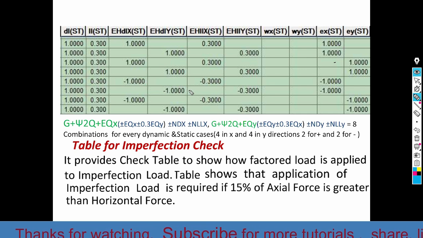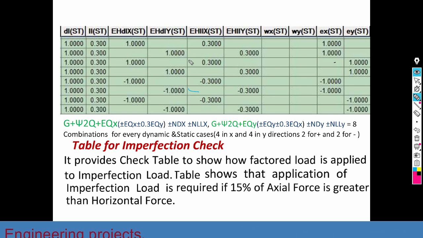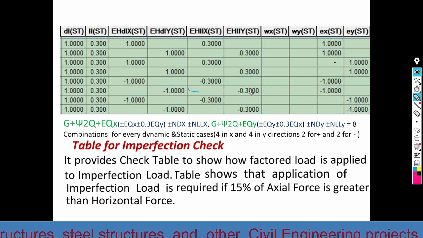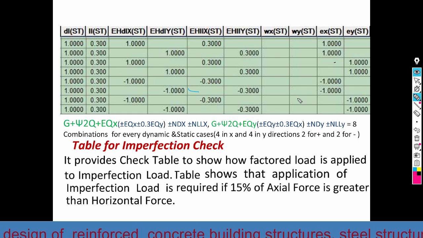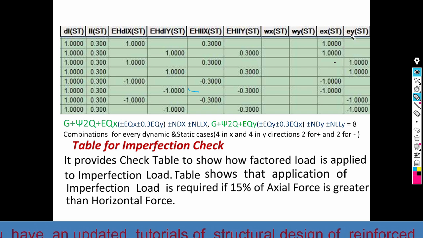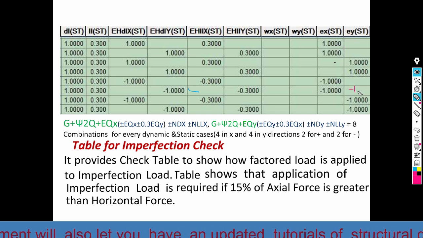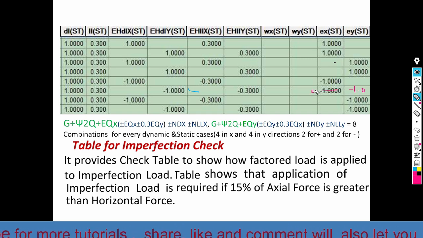This minus, this is the notional load in y direction, that is minus 1. In negative y direction, the notional load in negative y direction has to be combined with the seismic load in y direction. It has to be minus 1 here, and this must be what? It is 0.1.